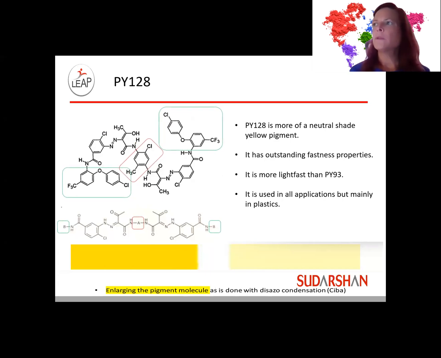This is more of a neutral yellow shade pigment. It has more light fastness than the pigment yellow 93 that we just discussed. Its main use is in plastics, but I do want to point out that with this particular one, we talked about enlarging the pigment, and this molecule is quite large. So you can see that with this structure here.